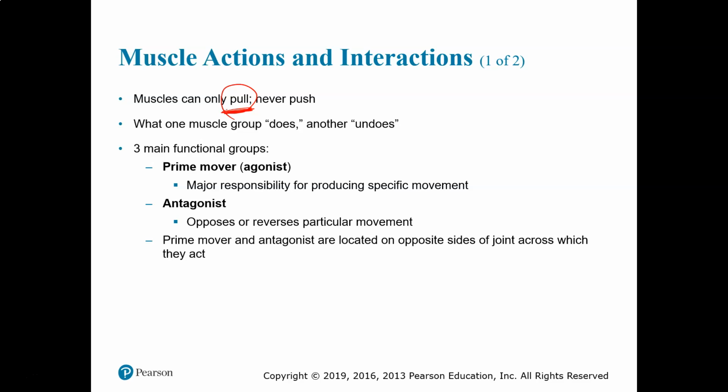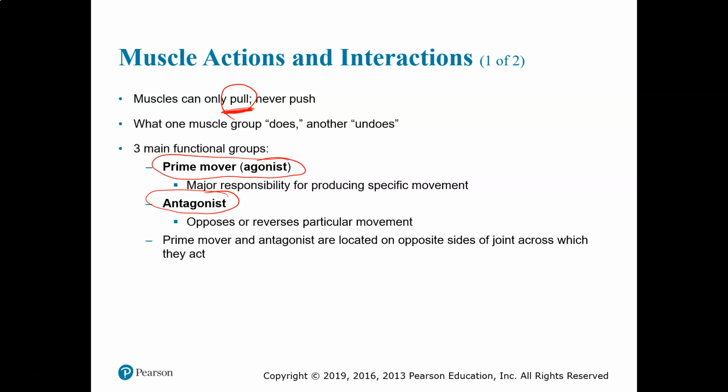So you always have a prime mover or agonist. I'll give you an example in a minute. That's going to be the main muscle that carries out the movement. Then you're going to have the antagonist, which opposes that movement. And they're typically located on opposite sides of the joint.